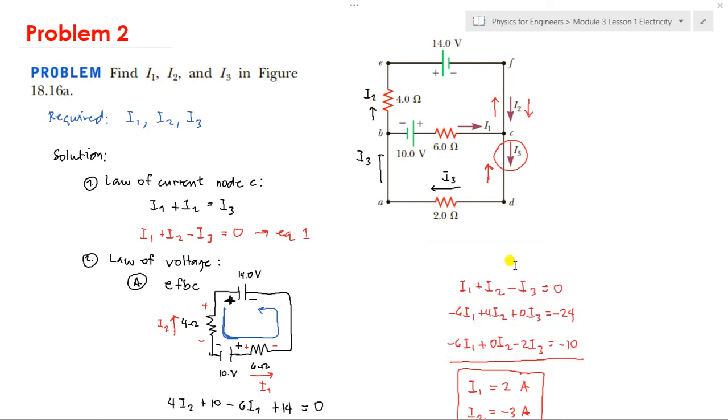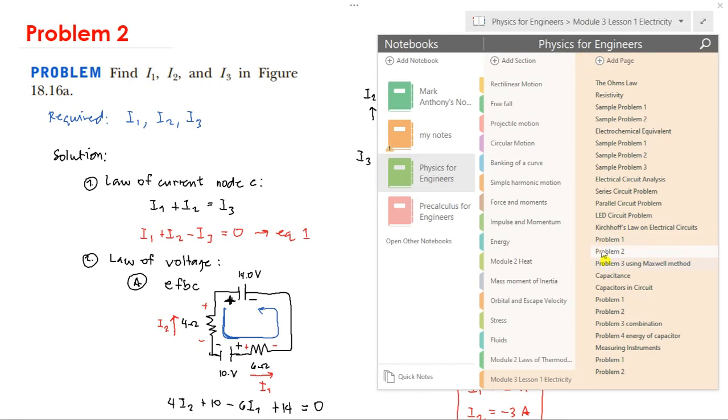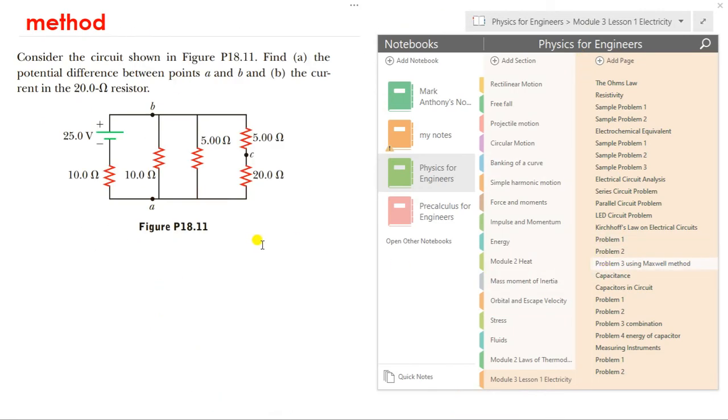Good day, class. So this is a continuation of our discussion for module 3 lesson 1, all about electricity. Since we are already through with answering this problem using Kirchhoff's law, let's proceed to the third example.